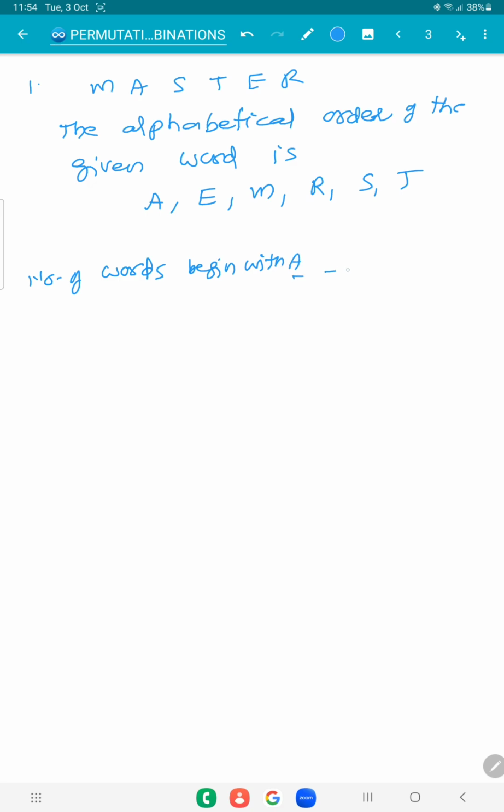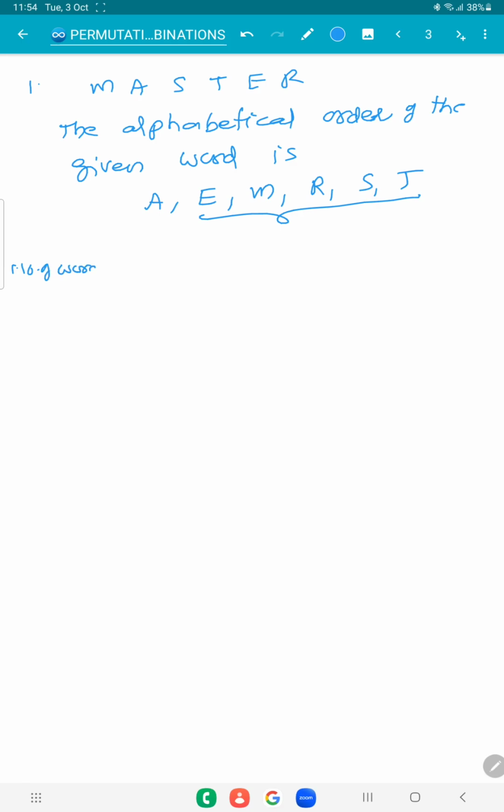So when A is at the start, how many letters are there? 6 letters are there. A is in the beginning, so we have 5 more letters. These can be arranged in 5 factorial ways. So let us write it.